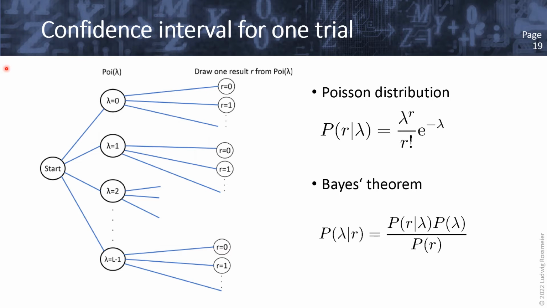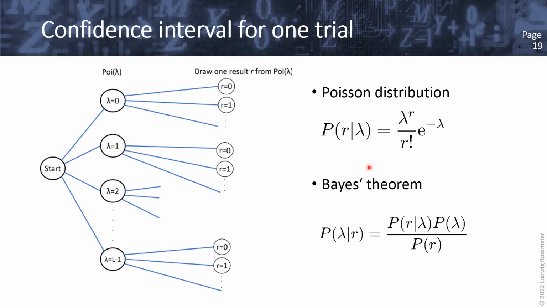With Bayes' theorem in mind, we go back to our confidence interval for one trial. You remember that chart, I guess. What we know is that the conditional probability for R given a certain lambda is according to a Poisson distribution. This is that path here or here.